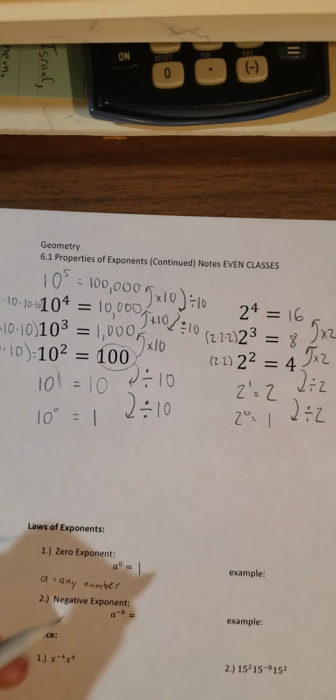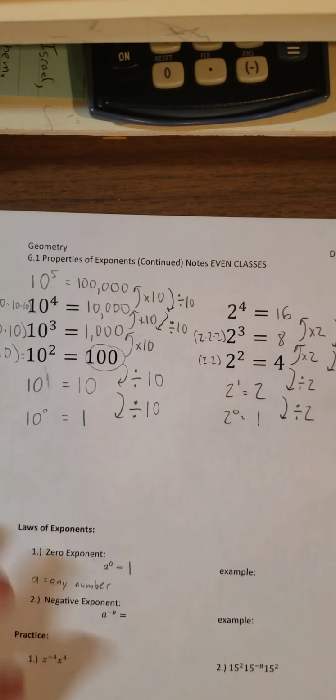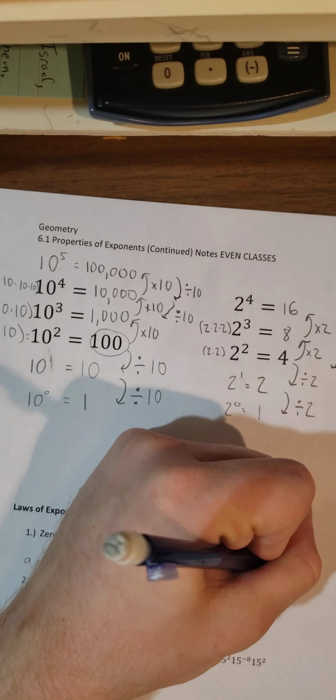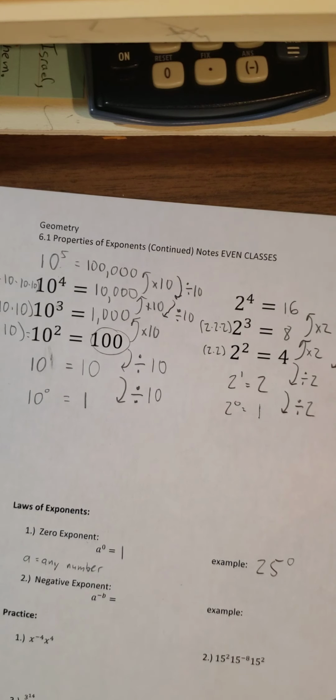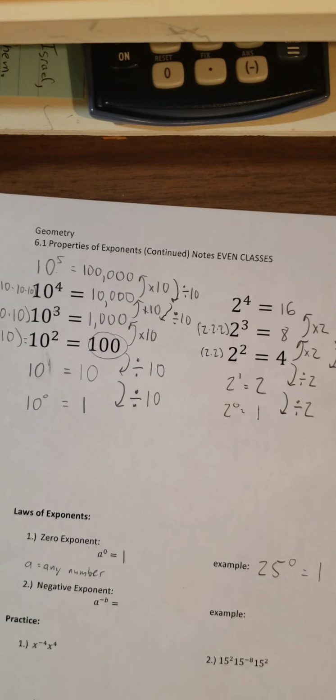So no matter what, if you have an exponent of 0, that will always be equal to 1. For example, we can pick any number. I'll just pick 25. If we had 25 to the power of 0, that would be equal to 1.